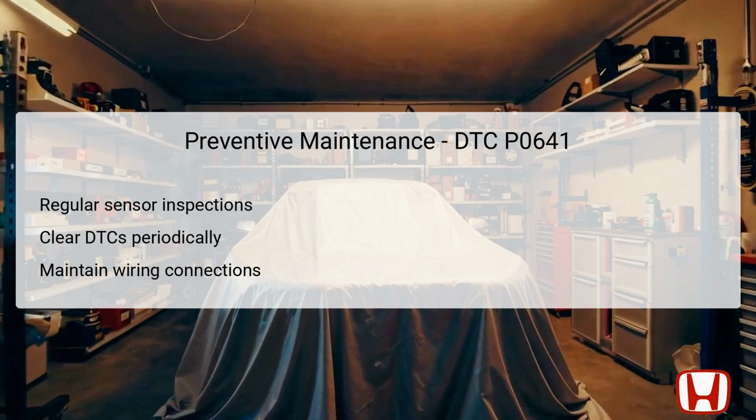Additionally, periodic checks of diagnostic trouble codes, DTCs, can catch potential issues before they escalate into more significant problems. Regular vehicle servicing, alongside these practices, can provide a greater assurance that the various components, especially the sensors involved, remain in good working order, extending their lifespan and preventing unexpected failures.